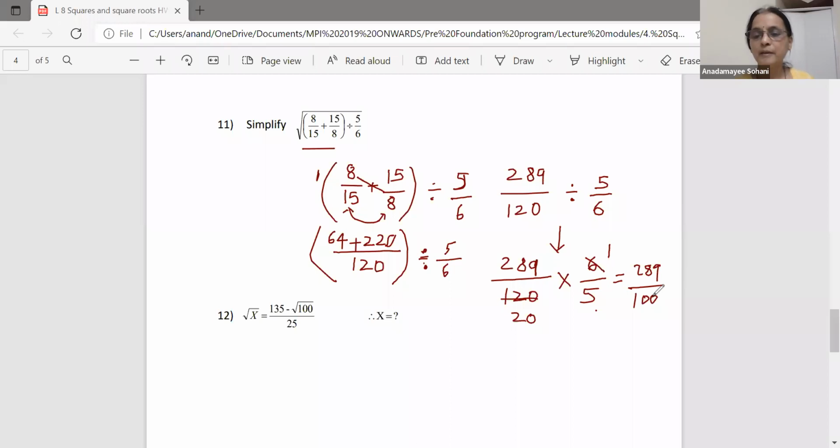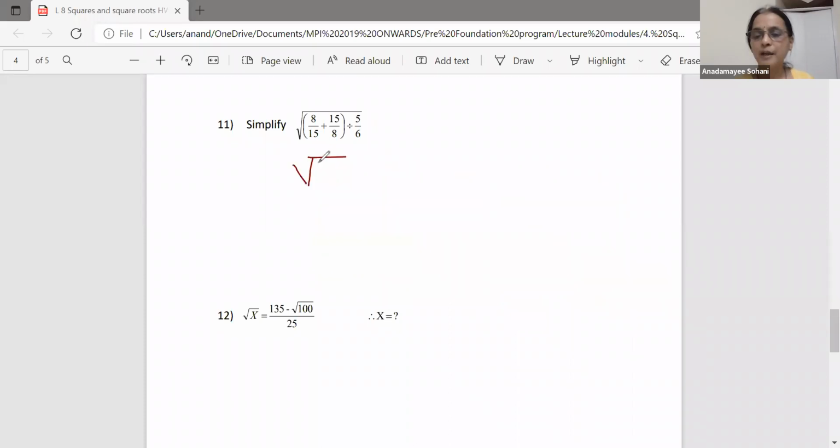Now I've got the value of this whole expression. So this is same as 289 upon 100. And now I know 289 is 17 square and 100 is 10 square. So this becomes 17 upon 10.